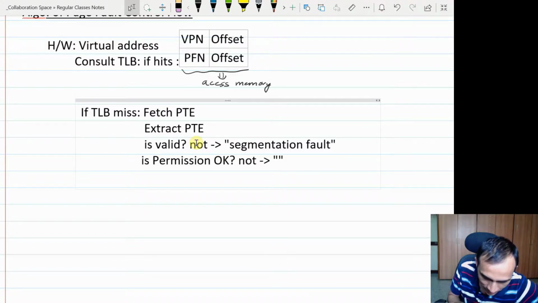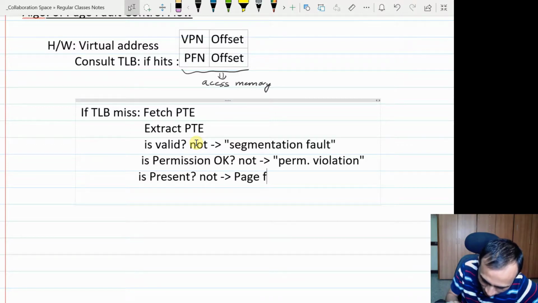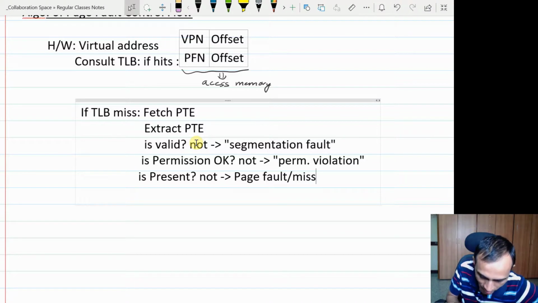And if present bit is okay, then it will basically access it and probably update the TLB and all that. But if it's not okay, so we are trying to write the scenario when there is a page fault. So let me just only write when it is not okay, when present bit is not true, then this is a scenario of your page fault or page miss.